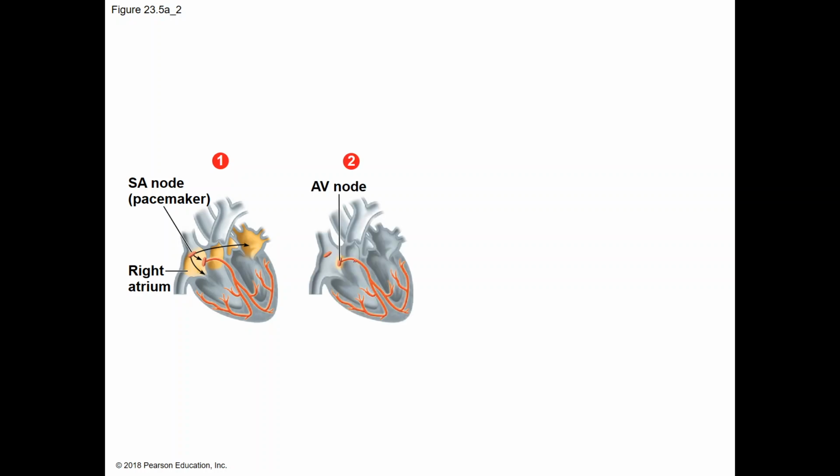And those impulses pass to a relay point called the AV node, or the atrioventricular node, that's located between the right atrium and the right ventricle. This AV node delays the signal for about 0.1 second, which is the time it takes to empty the atria completely before the ventricles contract.